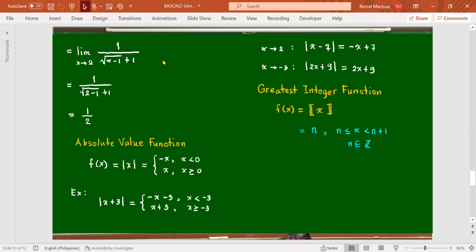So, I'm looking for an example. May magandang example here. Okay, so this means integer ha.